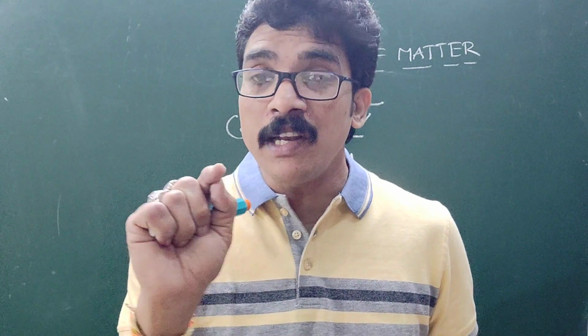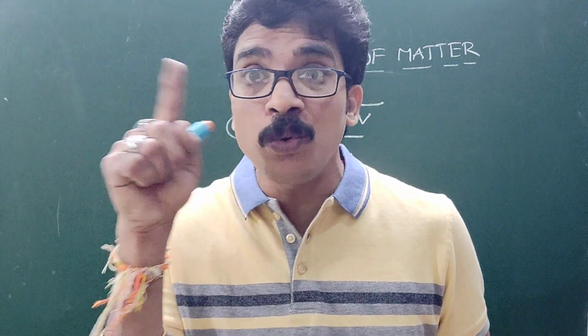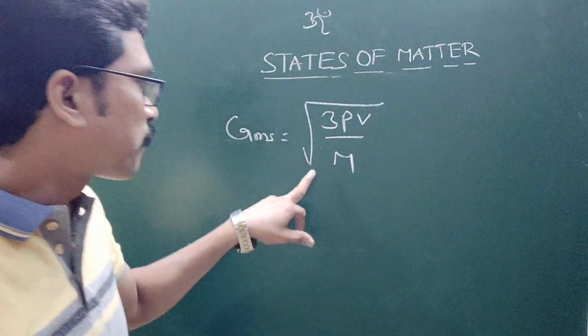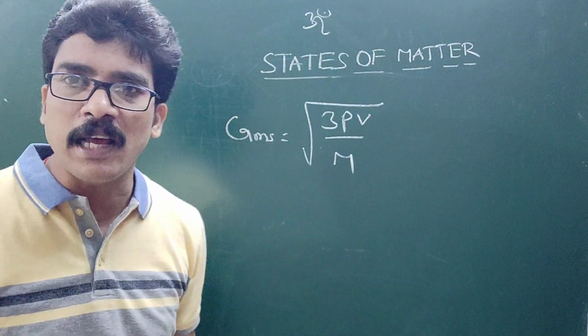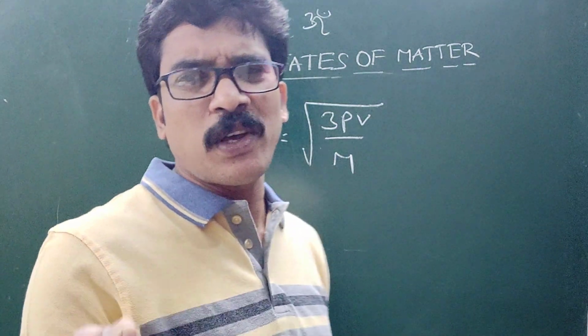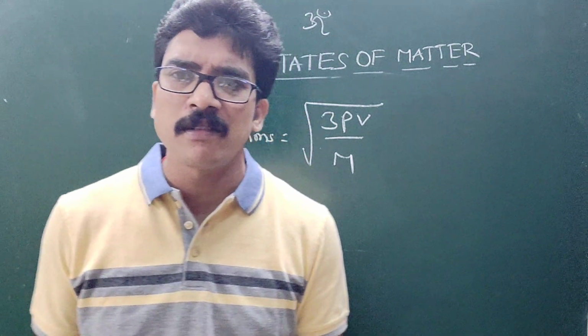That means small n is equal to the Avogadro number. Then small m into capital N becomes capital M, the molar mass. Then this is the formula, the C RMS formula, root 3PV by M. Yes, by using this formula, I am asking a simple question.